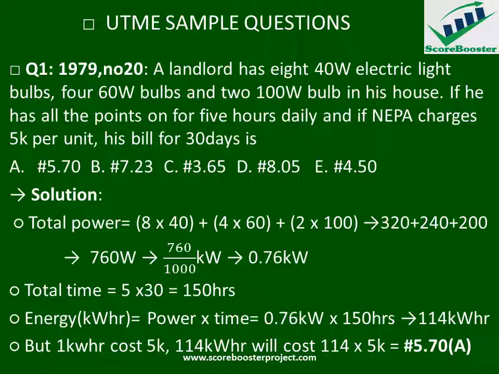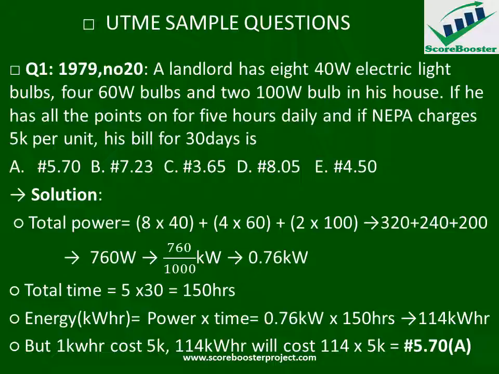So our total power in this case is 0.76 kilowatt times our total time, which is 150 hours. So that will give us 114 kilowatt hour. Now that we have the energy in kilowatt hour, then we go back to the cost. They said they are charging it at 5 kobo per unit.